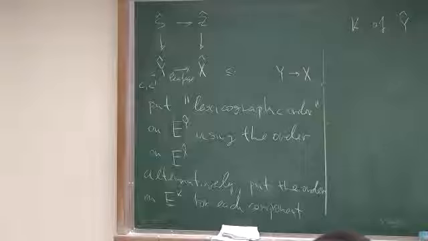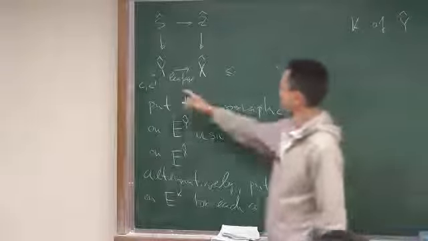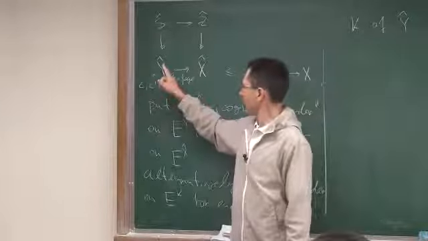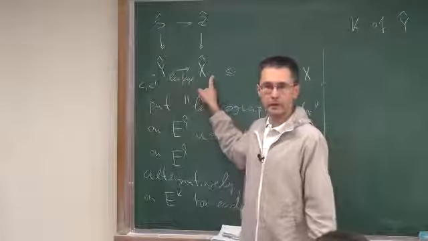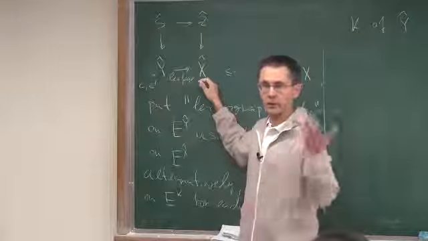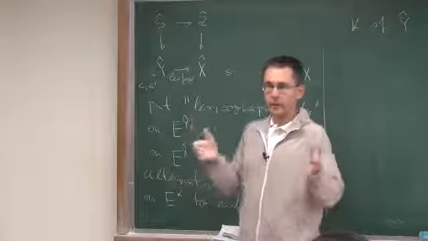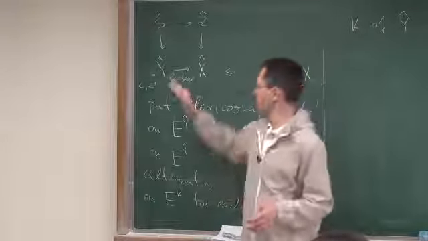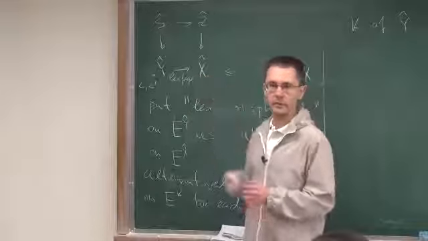So this order, how do we put it? Take any component of y hat. That component maps injectively into x hat. So since x hat already has an order on the set of edges, then the order on that component is just a part. You can view this as part of x hat.